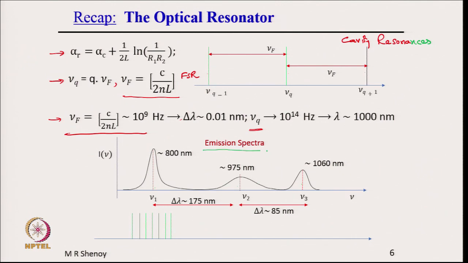So, this is the emission spectra, the spontaneous emission spectra. These resonances are cavity resonances, which means in the cavity those frequencies build up as they go back and forth, and we have discussed this in detail that the round trip phase must be integral multiple of 2 pi. The light frequency itself, nu q, is of the order of 10 to the power of 14 hertz and wavelengths of the order of 1000 nanometer.